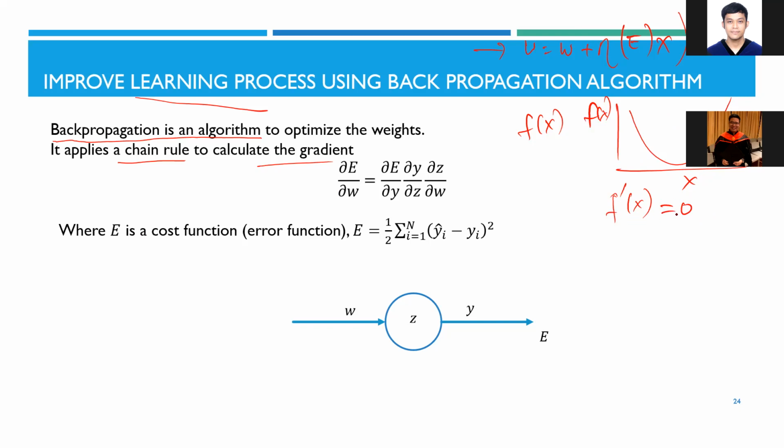Because the gradient is 0. After we find the gradient is 0, we can find the optimal x, the point. For example here, this is the optimal value, where the gradient at this point is equal to 0. So backpropagation uses this basic optimization theory to find the optimum weights.